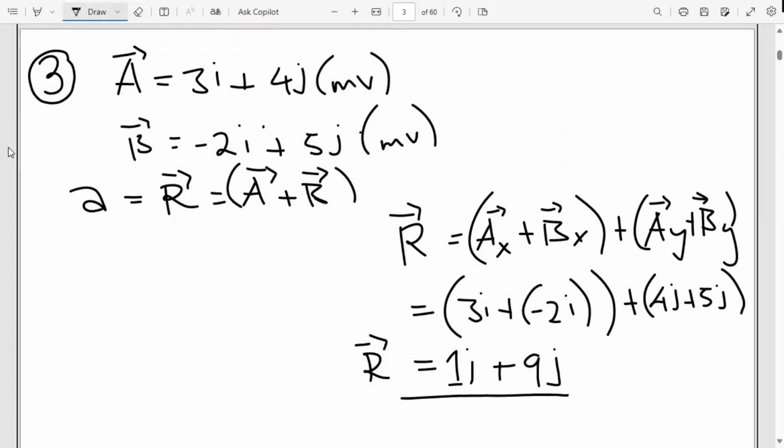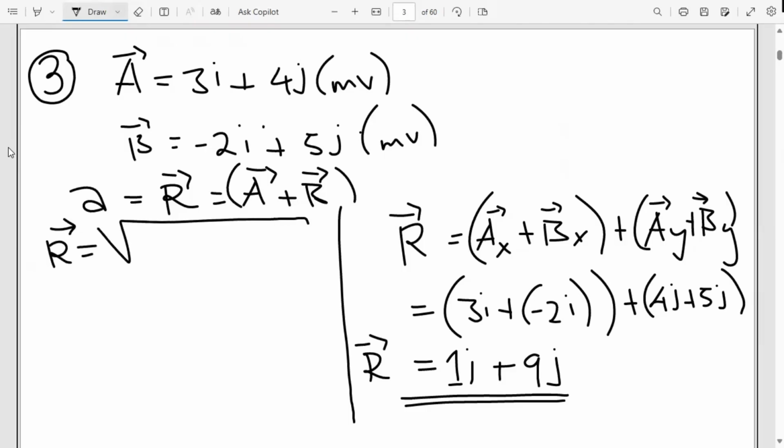So the resultant vector R is 1i plus 9j. Question B is asking us to find the direction and magnitude of this vector. In order to find the magnitude, we're going to involve the Pythagoras theorem. The resultant R is going to be equal to the square root of x squared plus y squared.